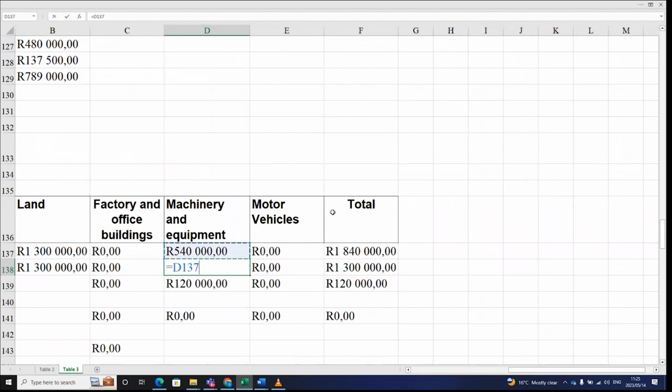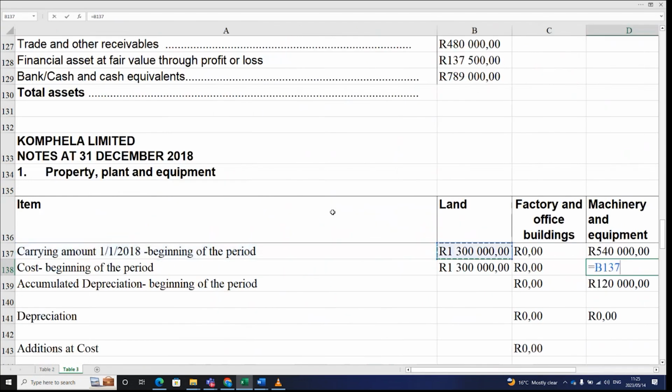This means that the cost, because cost less accumulated depreciation is the carrying amount.